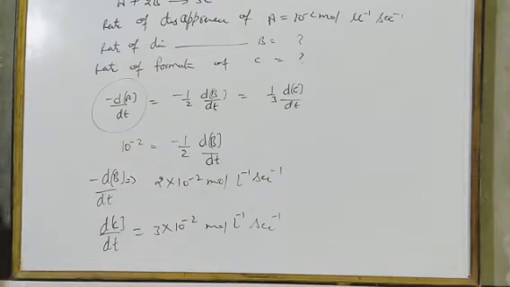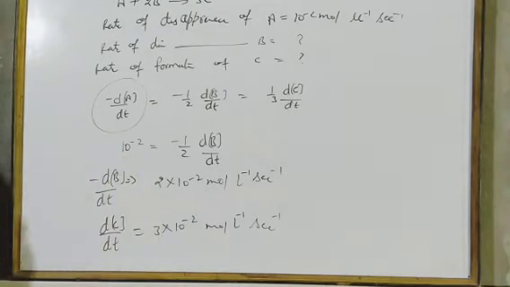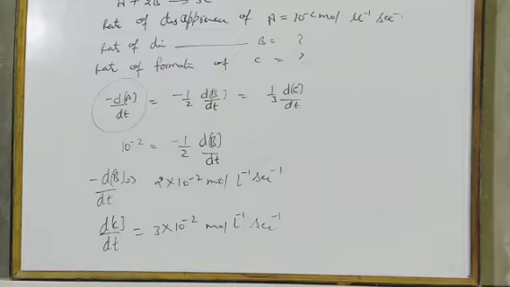So stoichiometry will help you solve questions and numericals. If the concentration of one component is given and you have to find the concentration of another component, whether it is the disappearance rate, formation rate, or concentration, then you can find it by these stoichiometries. Okay?